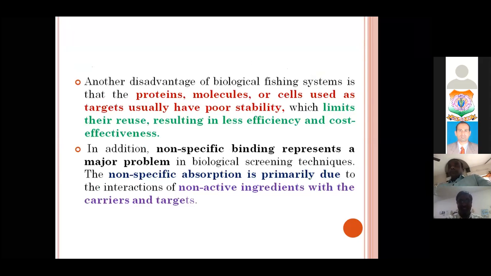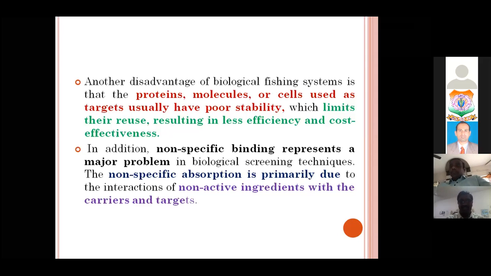Another disadvantage of these techniques is that whatever the target proteins, molecules or enzymes we are using as a target, they have poor solubility. This limits their use and reuse, resulting in less efficiency and cost effectiveness. Another major problem is that non-specific binding represents a major problem in biological screening techniques.